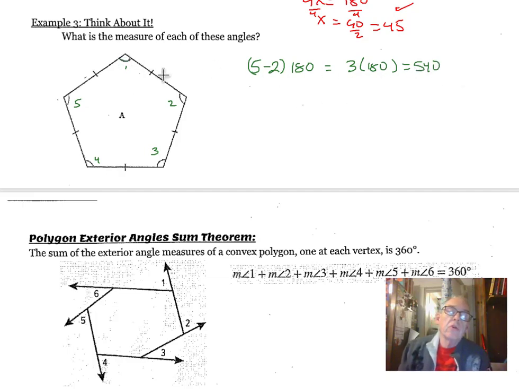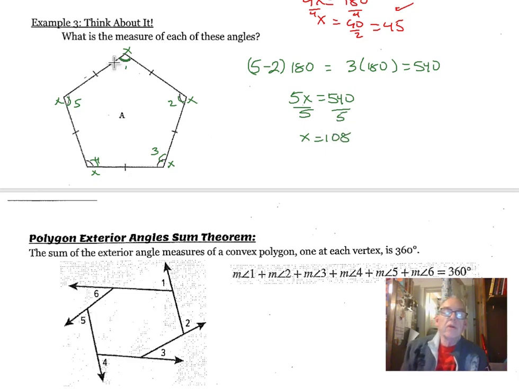But we notice also that all these angles are congruent to each other. So if all these angles had a measure of x, we actually have 5 x's equal to 540 degrees. Divide both sides by 5. Each one of these angles is 108 degrees.